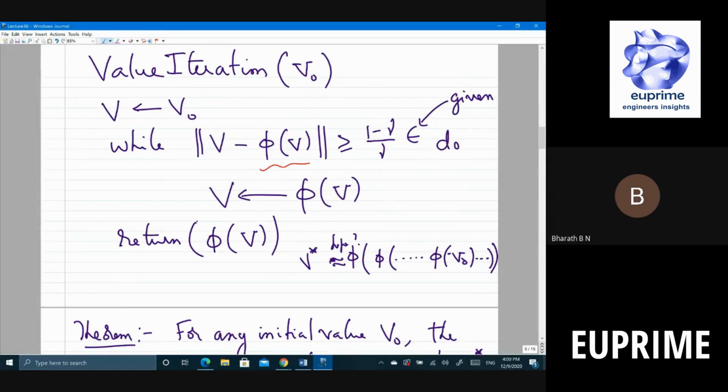You keep iterating until convergence. The only thing is this V as a function of the states. If the states are countable but infinite, then you have an infinite thing. But for all practical purposes, you can assume it's finite. Even if it is infinite, I can approximate it by a finite quantity, maybe huge. So that's the issue.